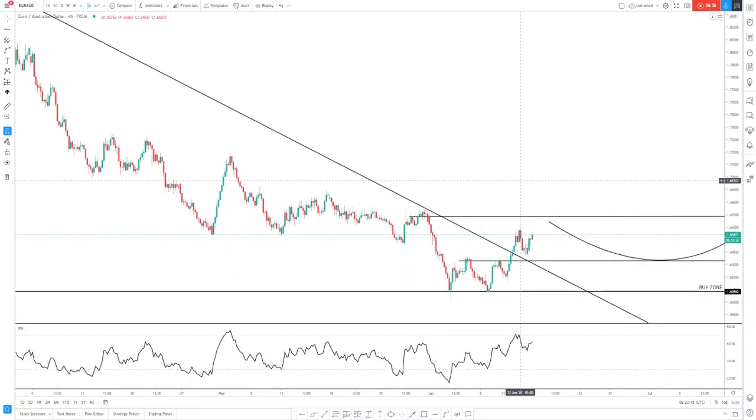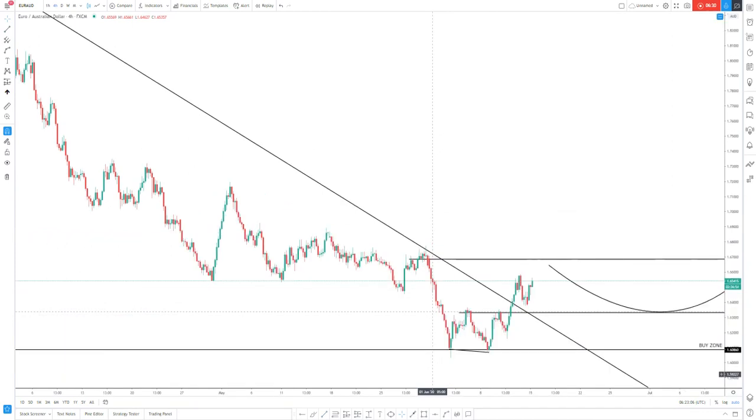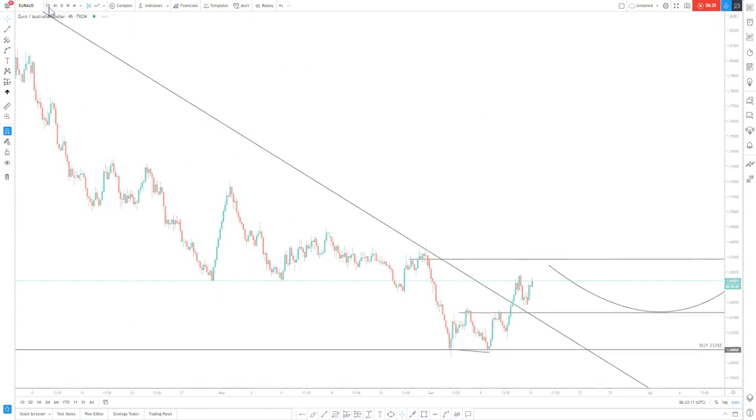Putting my RSI on this chart also to see if we have a divergence. Yes, we do have a divergence. We have a bullish divergence on EURAUD on the 4 hour time frame, which is another confluence telling us there is a huge tendency for EURAUD to go long.